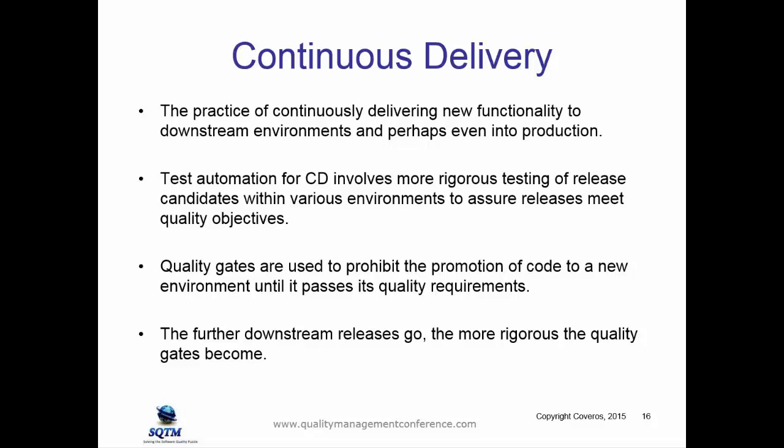There's training, there's other things that need to be done for our users and our customer service before we're ready to give them new functionality. But we can continuously deliver, which means push code through the process and automate as much of that process as possible so our QA and our testing during downstream environments is as easy and seamless as it can be.